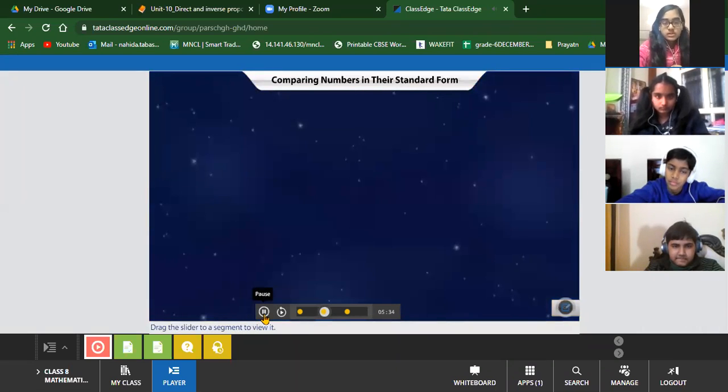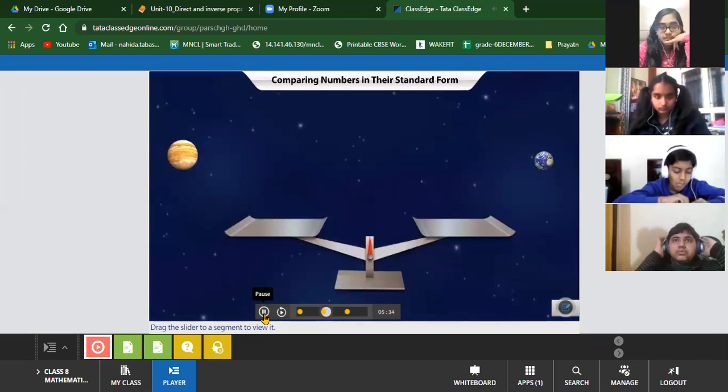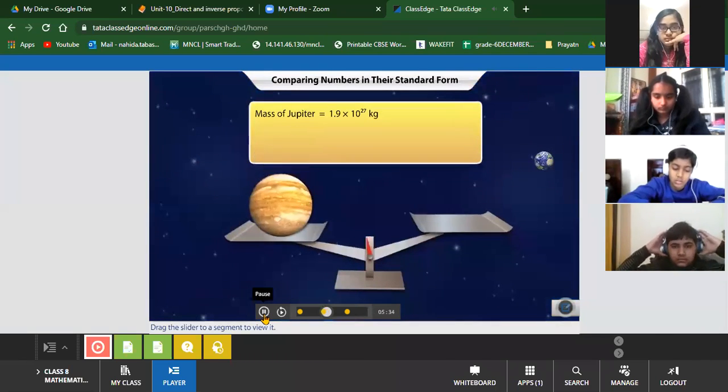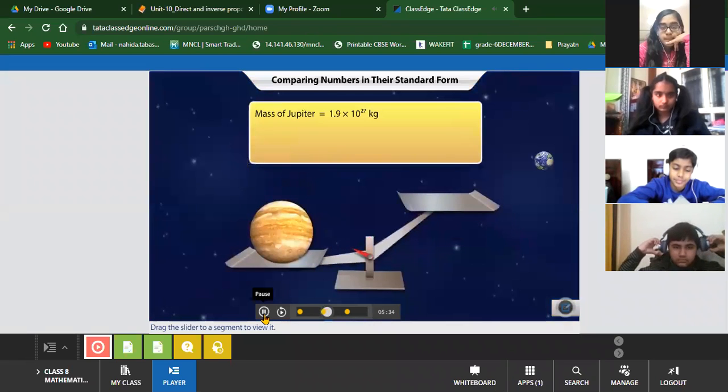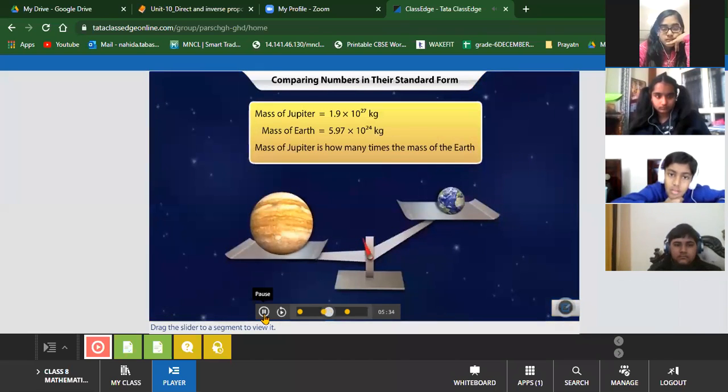Let's now look at comparing numbers in their standard form. To start with, let's compare the mass of Jupiter to the mass of the Earth. The mass of Jupiter is 1.9 times 10 to the power 27 kilograms. The mass of the Earth is 5.97 times 10 to the power 24.